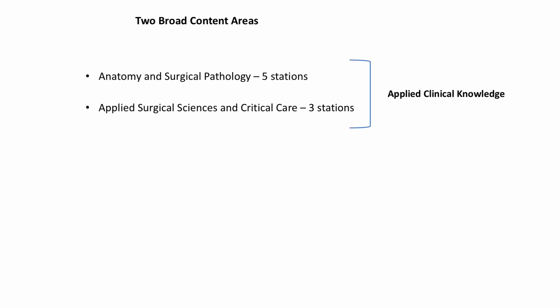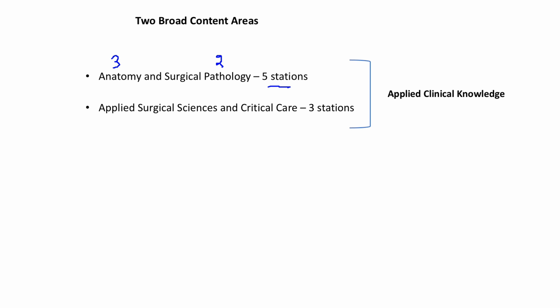Now we discuss more about the broad content areas. Applied clinical knowledge has 8 stations. Of these, 5 stations assess anatomy and surgical pathology: 3 stations assess anatomy and 2 stations are surgical pathology stations.